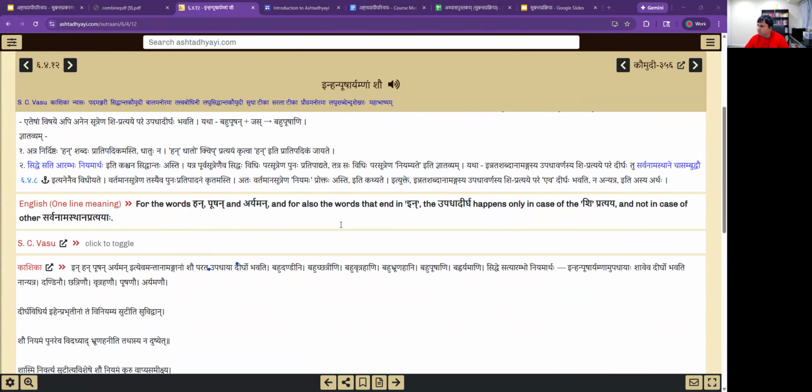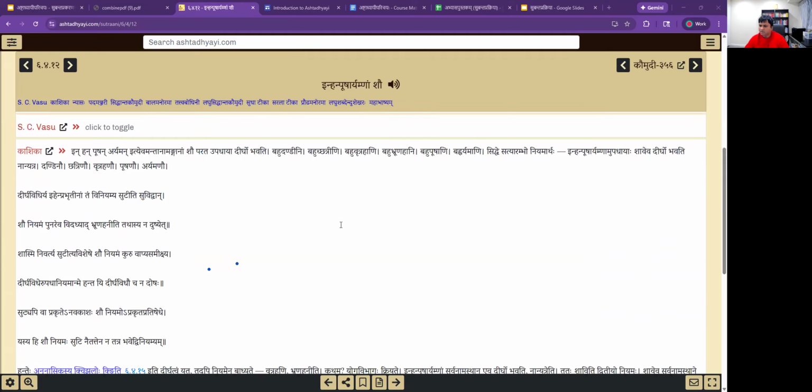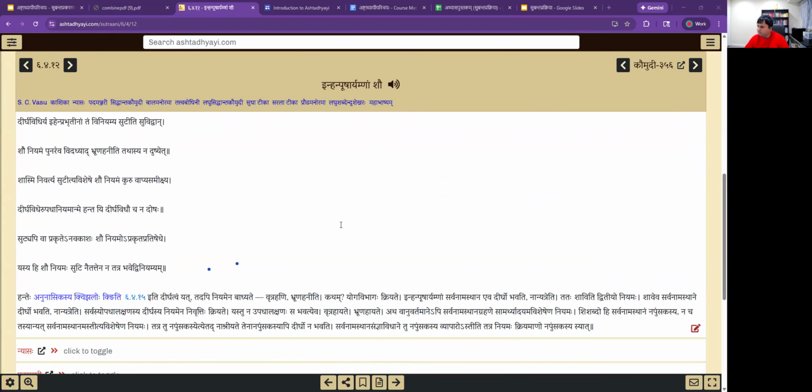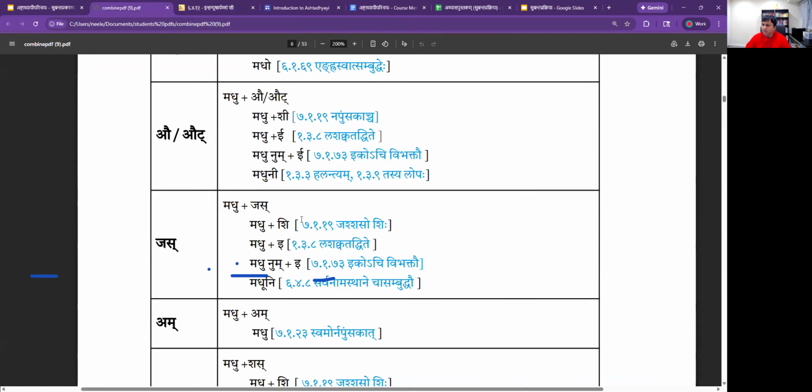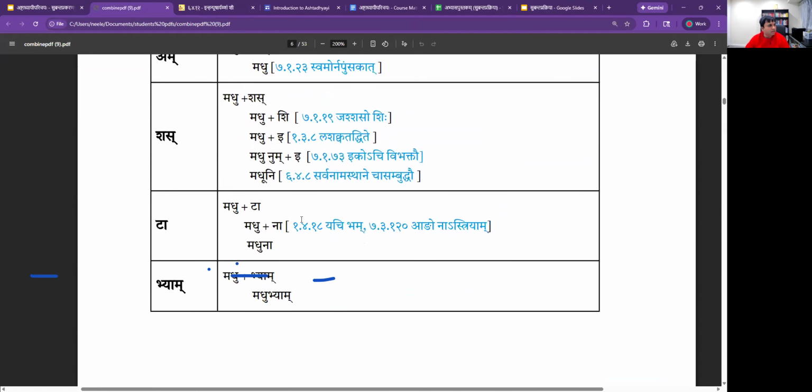Now I'm not able to find it. Uttarartha somewhere. It's probably used for words like dandin and so on. But I don't know why they have used it over here. I'll find out more about it, whether it is for Uttarartha or whether there are sensible cases for the Shi pratyaya, specifically for Innanta words. Okay, so that is Madhu, Madhuni.